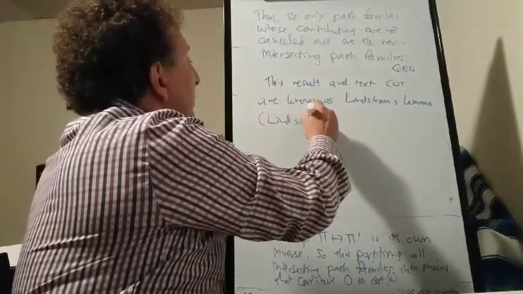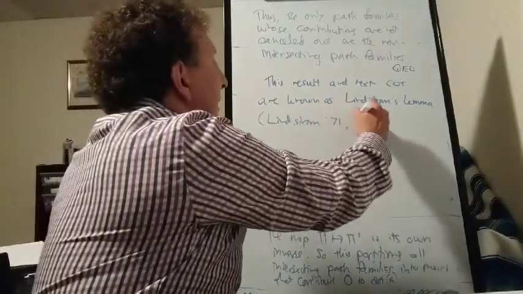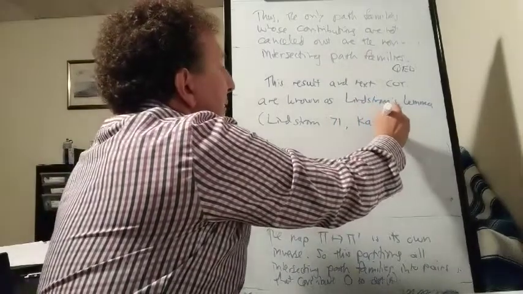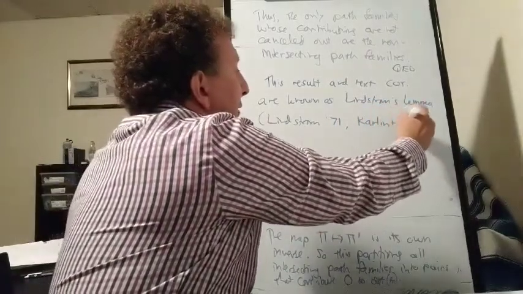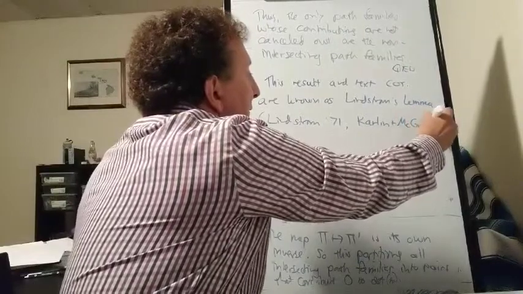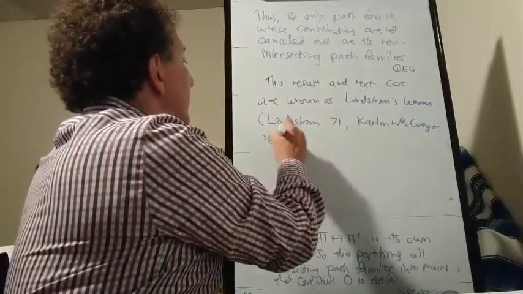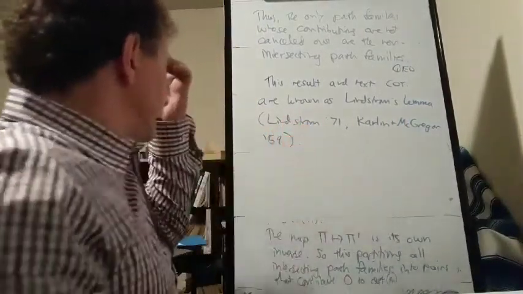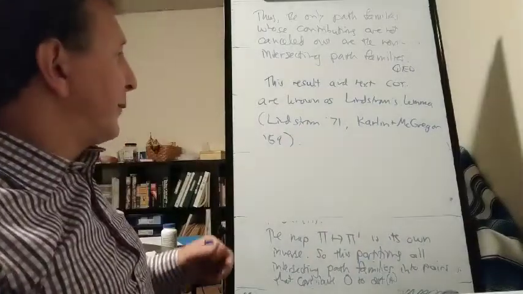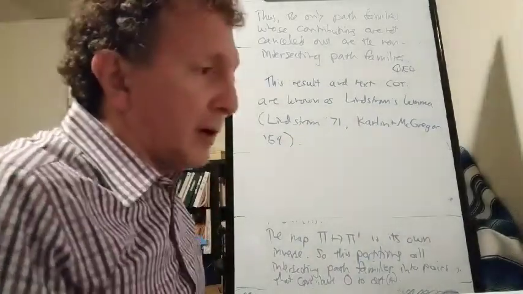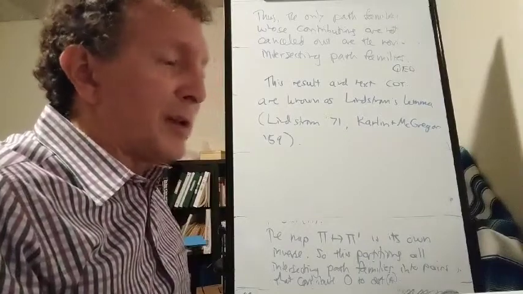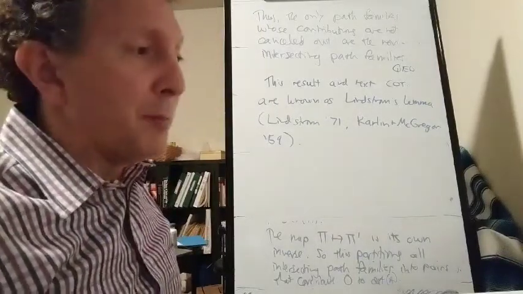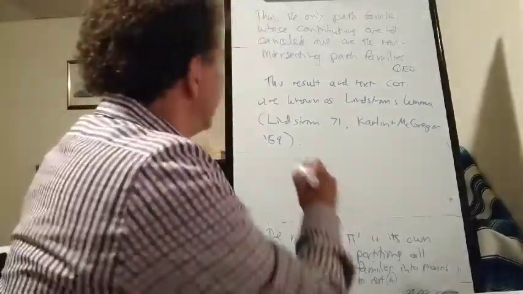They're due to Lindström in '71, and actually earlier, Karlin and McGregor in '59. So they say that for the path matrix of a planar network, not only is the determinant non-negative, but all the minors are non-negative.